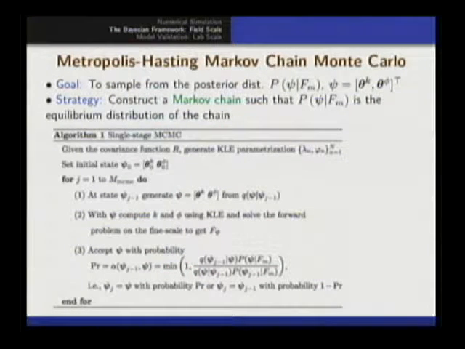And in order to sample from the posterior, the idea is to construct a Markov chain such that the posterior is the equilibrium distribution of such a chain. This is the classical Metropolis-Hastings algorithm. And the point is that in one step of the algorithm, we have to compute the likelihood function. I don't want to go through the whole thing.